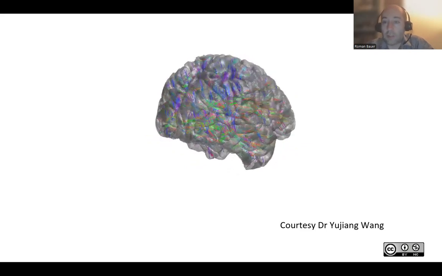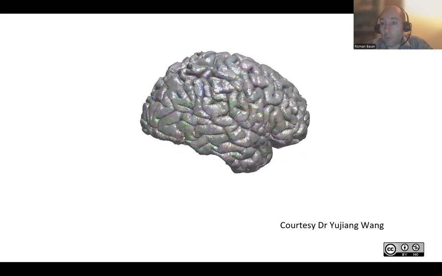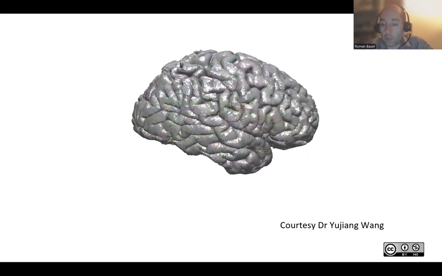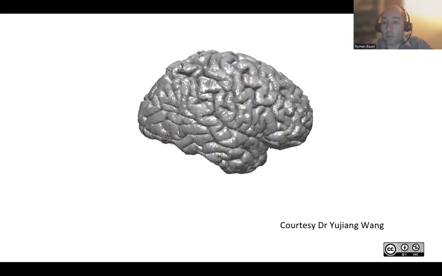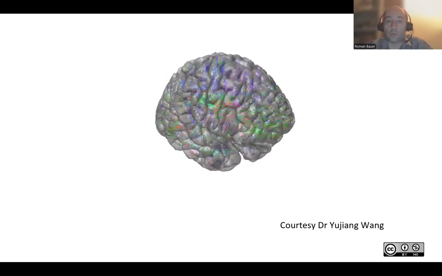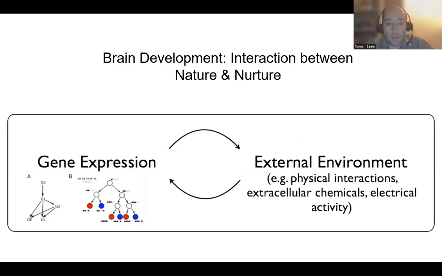And if you want to understand how to simulate the growth of such complexity, we need to also understand the underlying fundamental principles, of course. And these principles are based on the interaction between 2 entities. One is the gene expression or cellular behaviors that interact with the local external environment of a cell body, for instance.